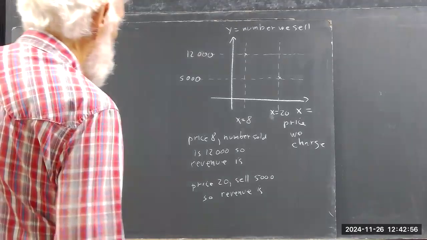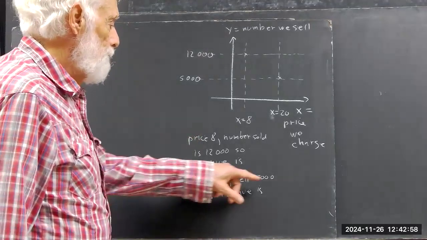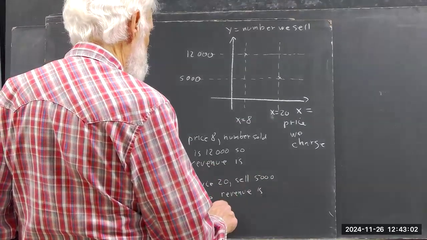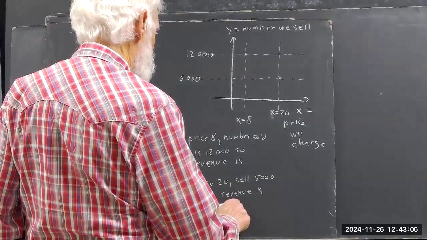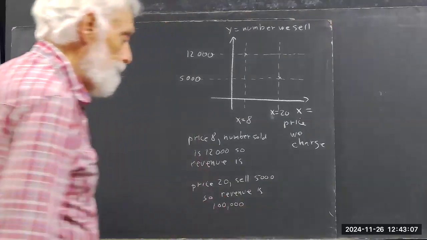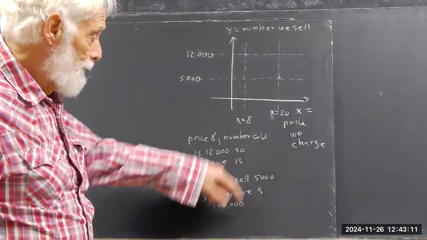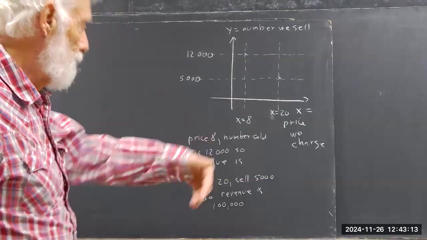Well, if the price is 20 and we sell 5,000, the revenue is 20 times 5,000, which is 100,000. I mean, it's easy. 20 times 5 is 100, and it's 5,000, so it's 100,000.